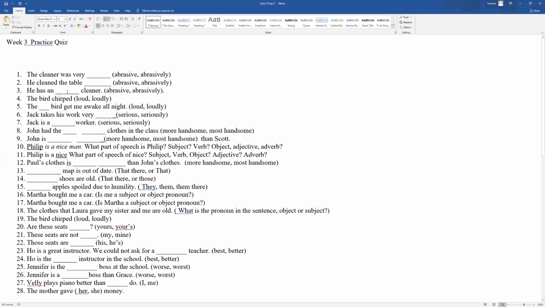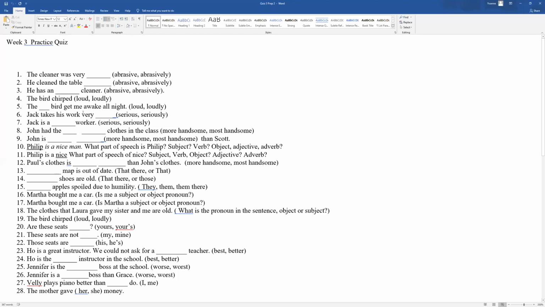And if the blank is before the verb, before the noun, it's typically an adjective. So here the bird chirped loudly because chirped loudly modifies how loudly it chirped. And then here you have the loud bird keeps me awake all night because loud modifies bird.